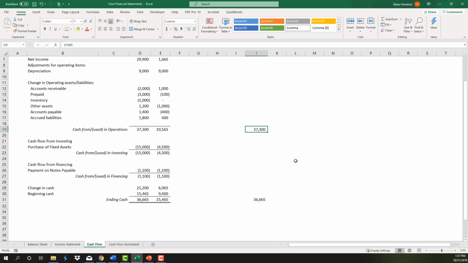The reason is we ordered the inventory, but it was all on credit. We only hit inventory and AP, and we didn't hit any other accounts, so no cash actually went out. Even though we ordered $1,000 of inventory, our cash from operations is exactly the same, because all we did was increase the inventory and increase the AP.